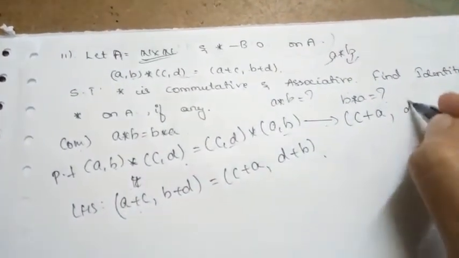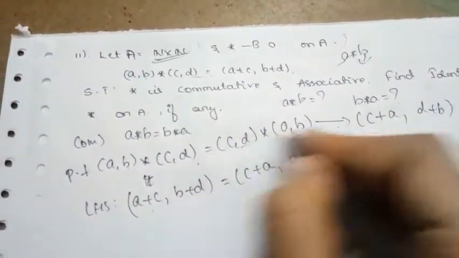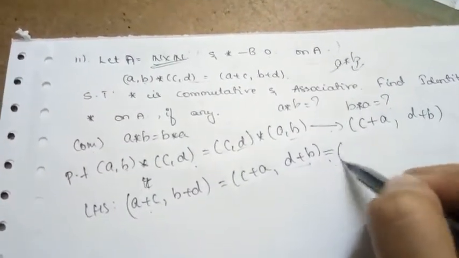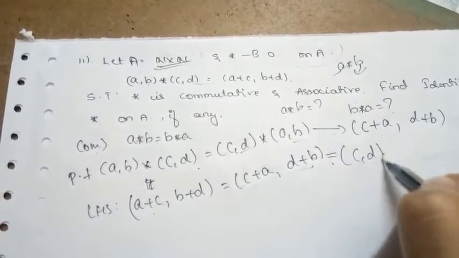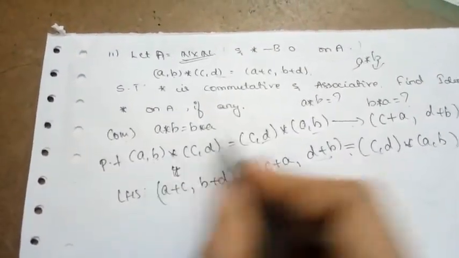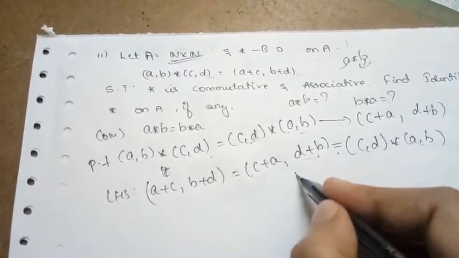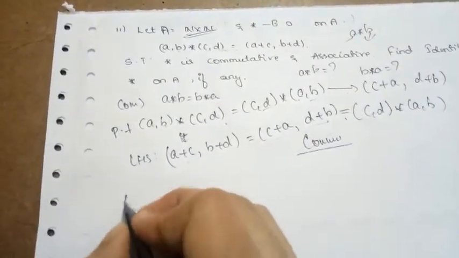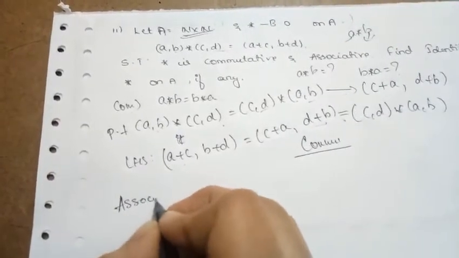Similarly here, it is nothing but c plus a comma d plus b. So this is what we get, which is nothing but c comma d star a comma b. So clearly our LHS is equal to RHS. It is commutative. Again for associative.